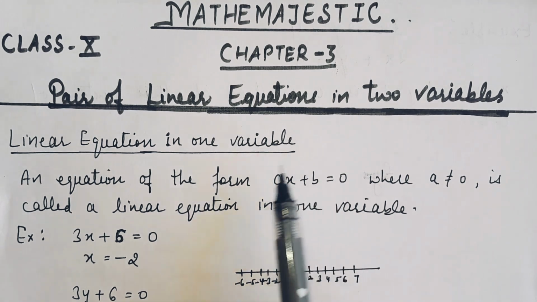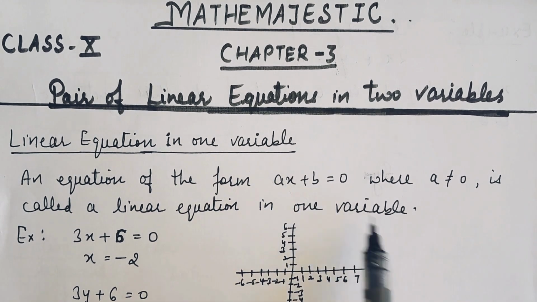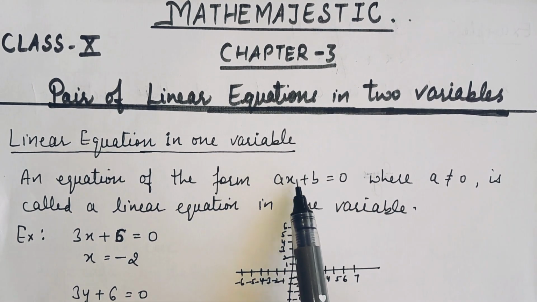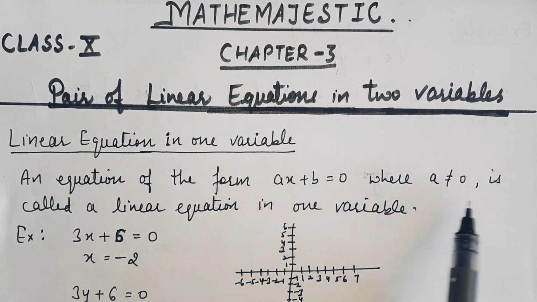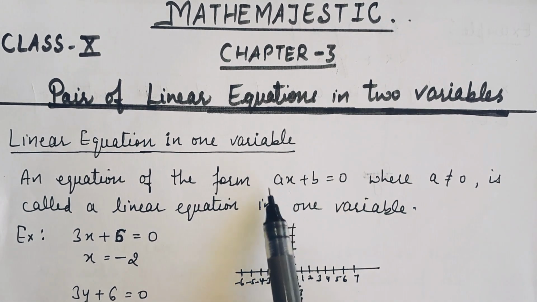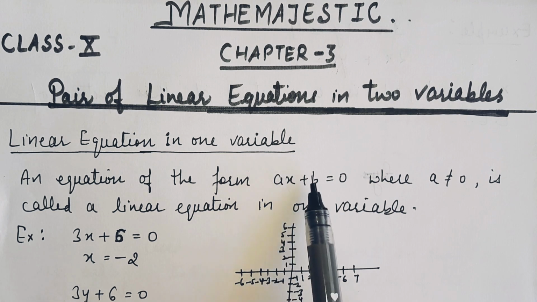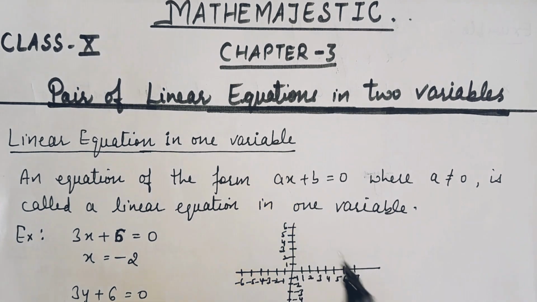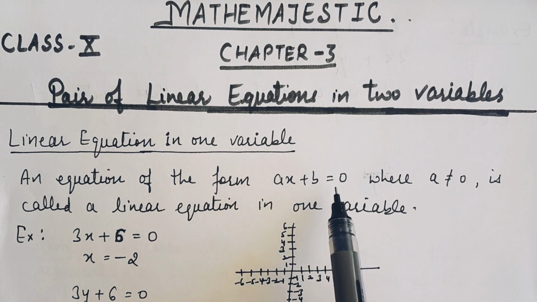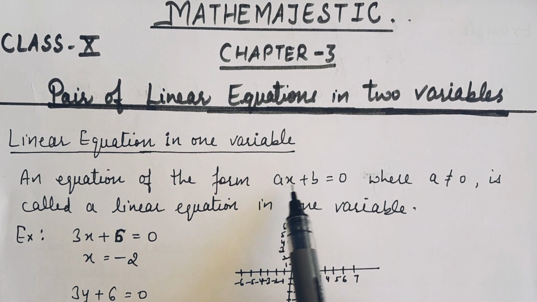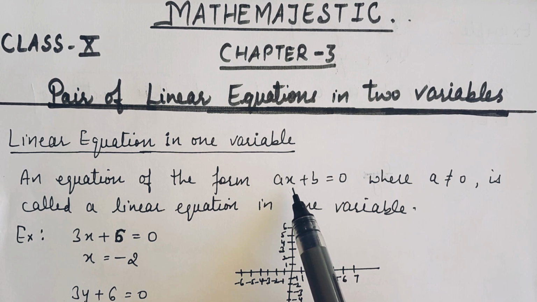In this form of the equation, the power of the variable is always 1 and the coefficient of the variable should be non-zero, because if a becomes 0, this part will become 0, so only the constant will remain here. So there will be no variable, so this will not be called an equation even. So an equation of the form ax plus b equals to 0, where a is non-zero, a and b are real numbers, x is a variable.